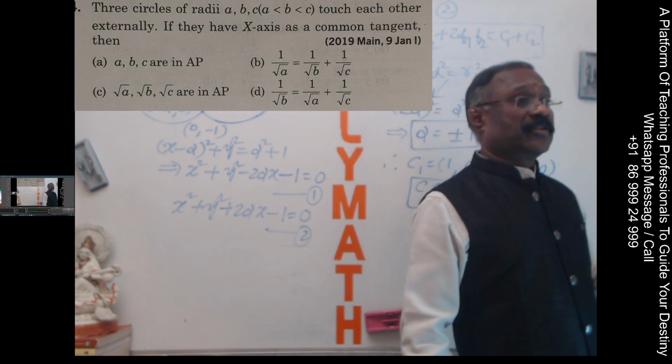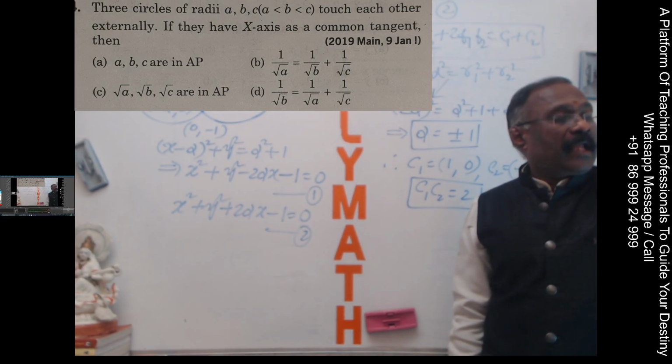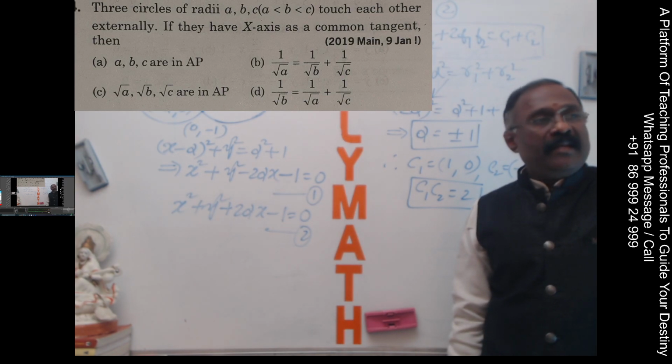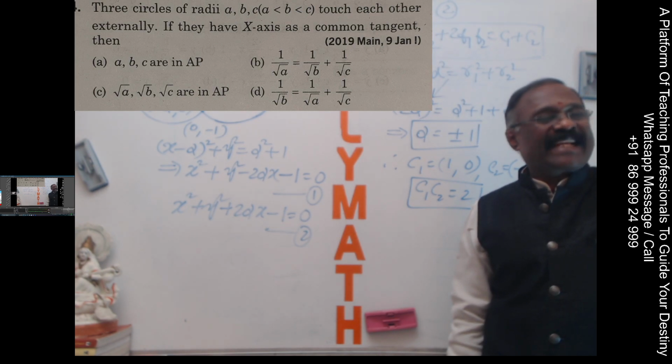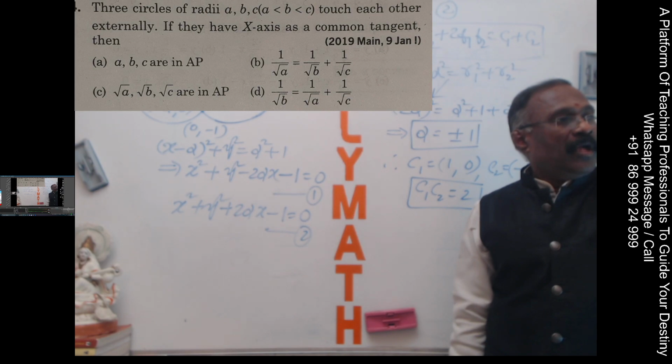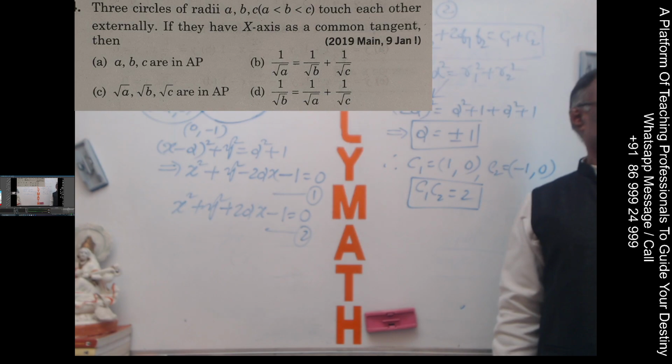Three circles of radii A, B, C, where A is smaller than B is smaller than C, touch each other externally. If they have x-axis as a common tangent, then A, B, C are in AP; 1 by root A is equal to 1 by root B plus 1 by root C; or 1 by root B is equal to 1 by root A plus 1 by root C.